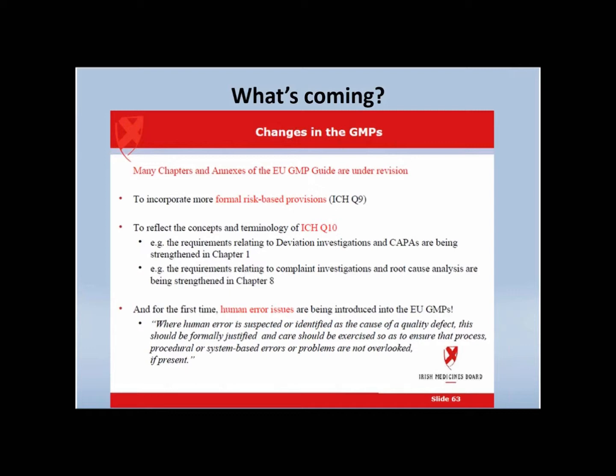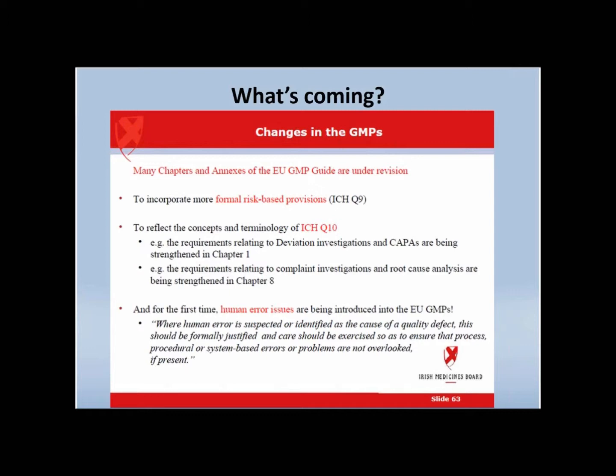So this is 211.22, and this is what it says. I'm not going to go through all of the details, but I will emphasize one portion, where it says that the quality unit has the responsibility and the authority to review production records to assure that no errors have occurred, and if errors have occurred, that they have been fully investigated.